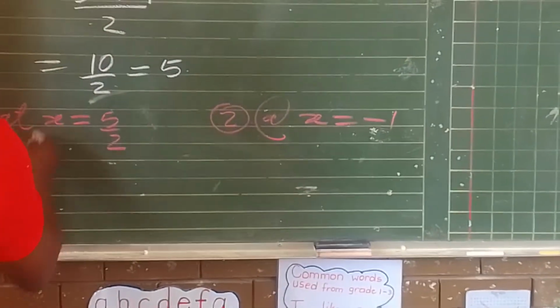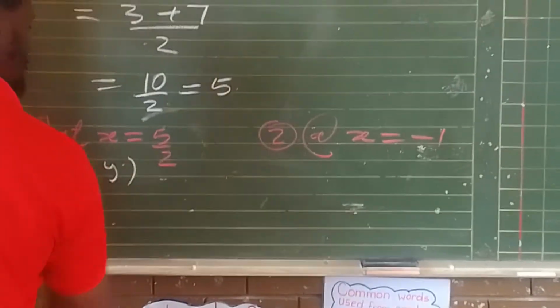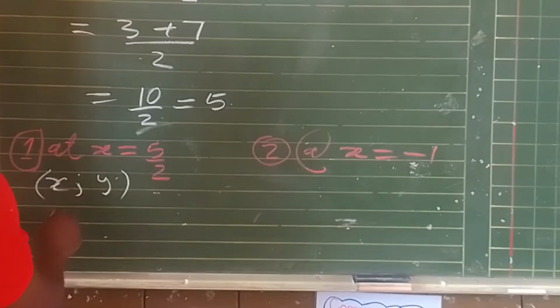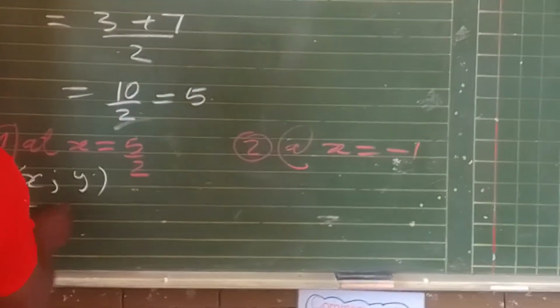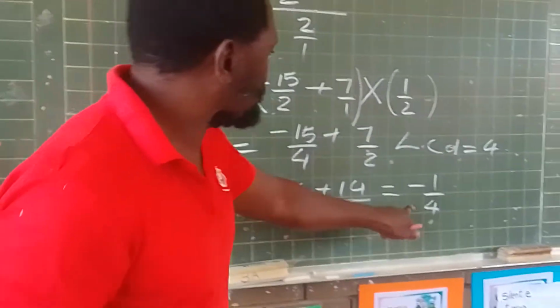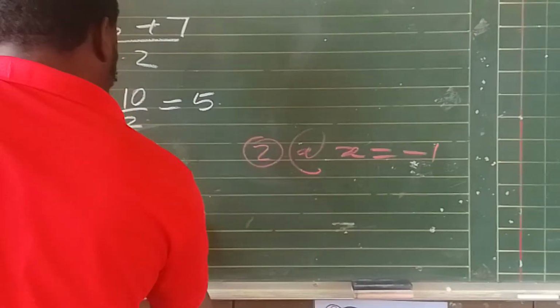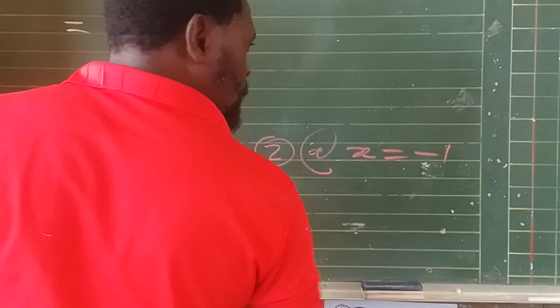Right? x is to y, that is the reading, because we are dealing with coordinates. The value of x here is 5 over 2. What did you get at 5 over 2? We got minus 1 over 4. Or, it's not or, it's and.